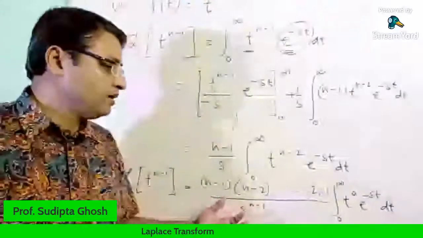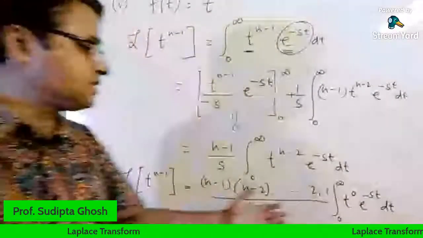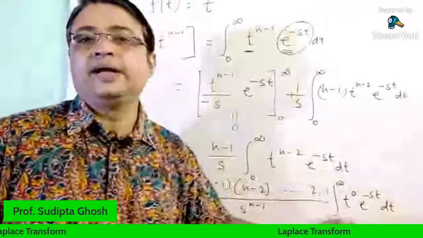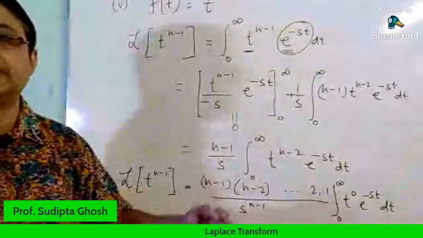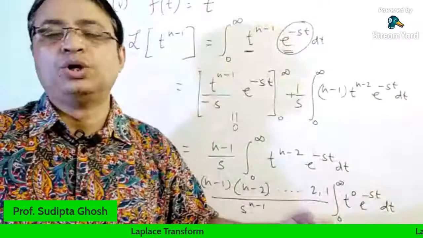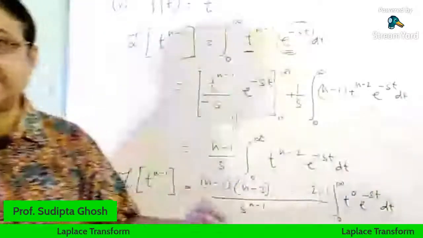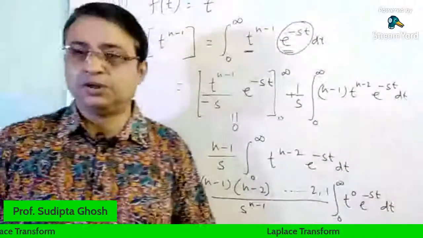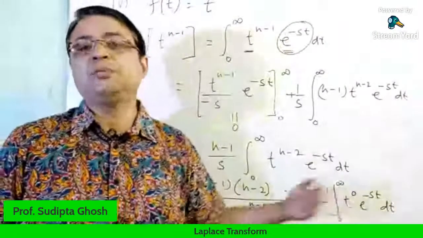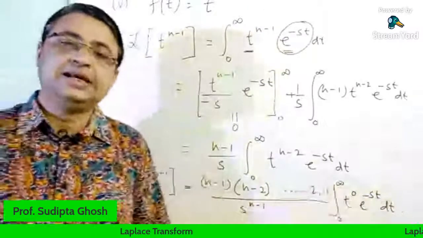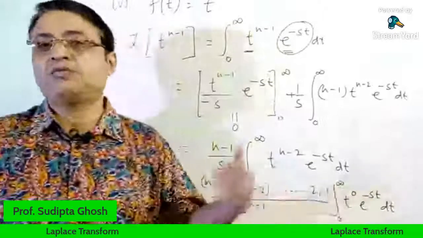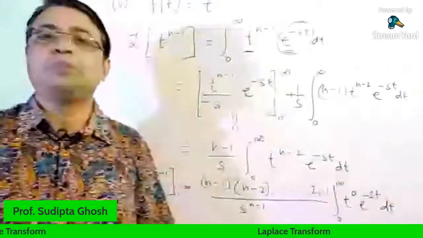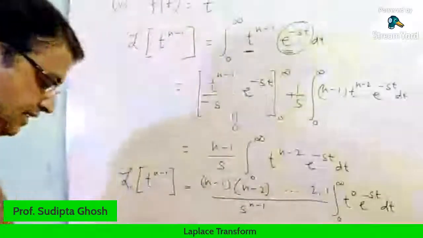So here the last integral will be integral 0 to infinity t to the power 0 e to the power minus st dt, and as you know that t to the power 0 means 1, so the integral of e to the power minus st dt gives minus of 1 by s e to the power minus st.